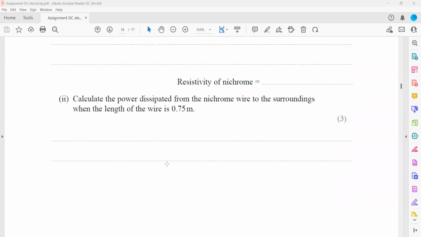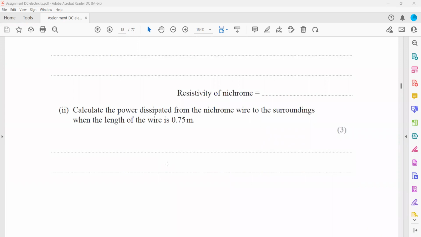The next part: calculate the power dissipated from the nichrome wire to the surroundings when the length is 0.75 meter. So power dissipated means how much power is lost when the length is equal to 0.75 meter. So we have different formulas of power.